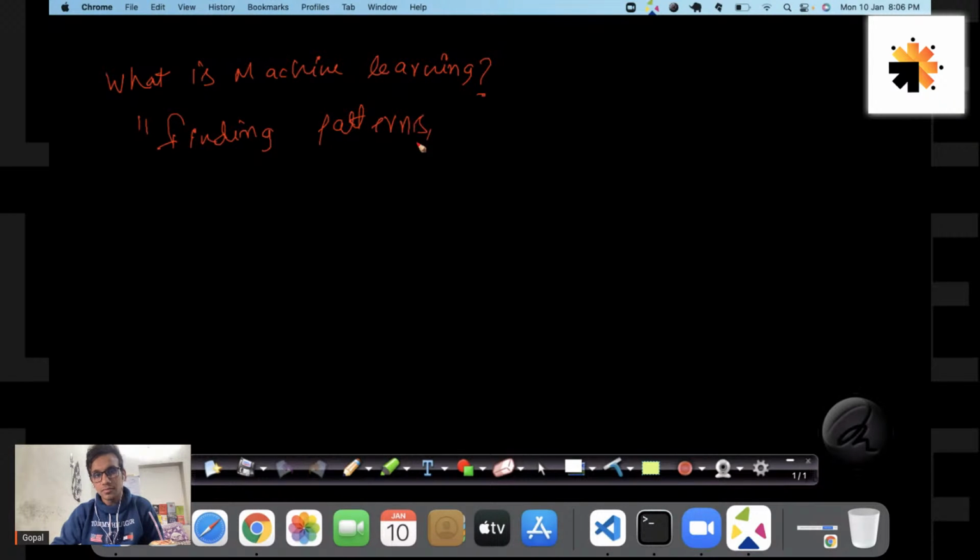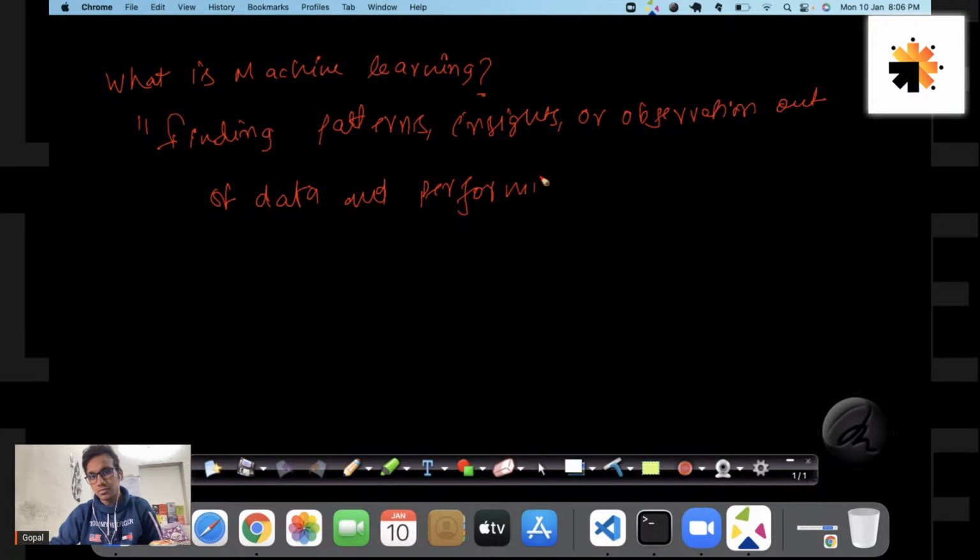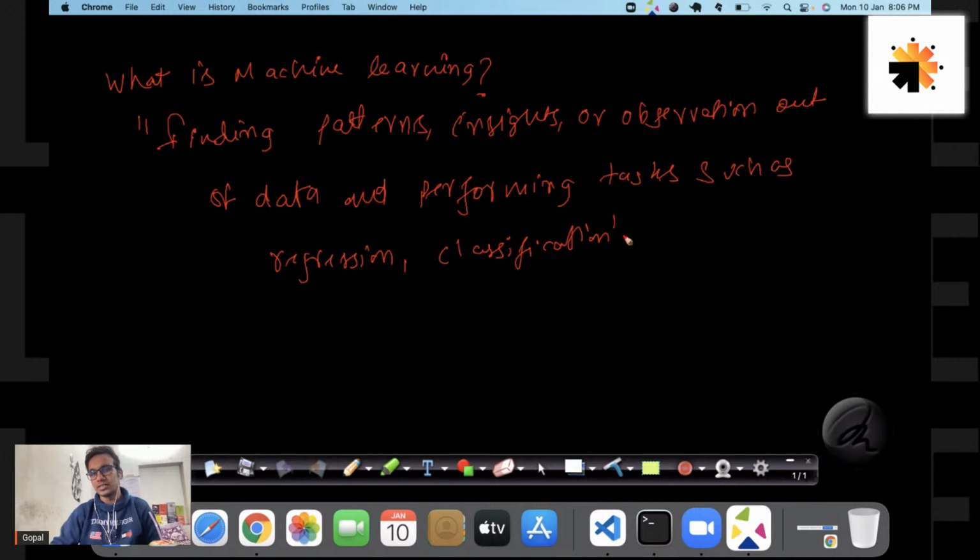If I have to put it as a definition: basically finding patterns, insights or observations out of data, and performing tasks such as regression, classification, etc. This is quite a general definition.